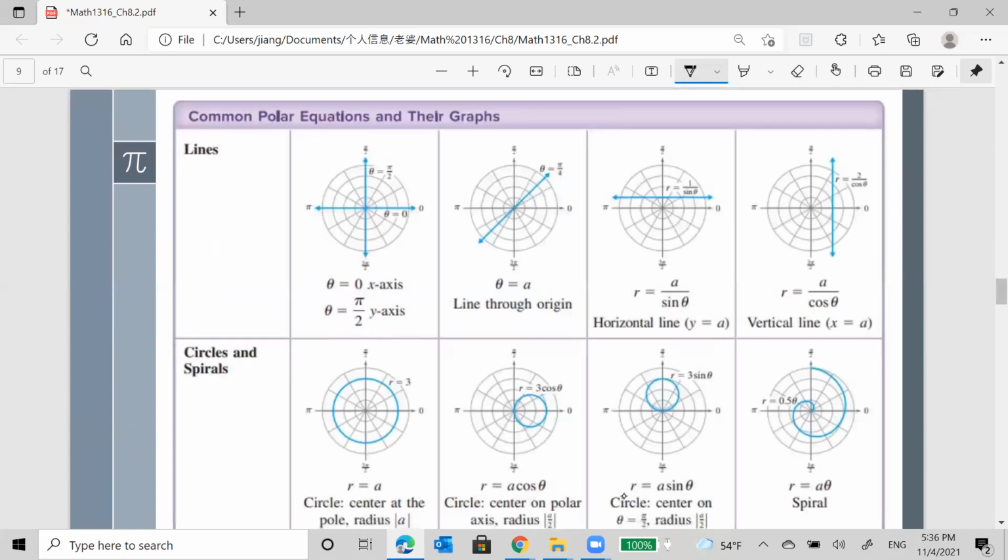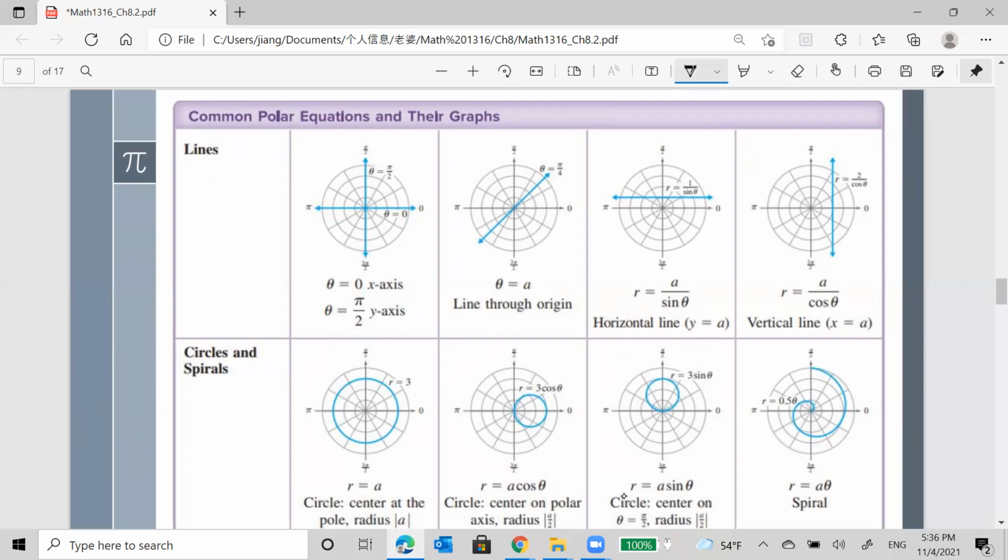Okay, here are some special shapes of the graph. If I have theta equals 0, that means the angle is 0. That means I just have a horizontal line, and I don't care about r. r can be positive 1, 2, 3, 4, or infinity, or negative infinity.